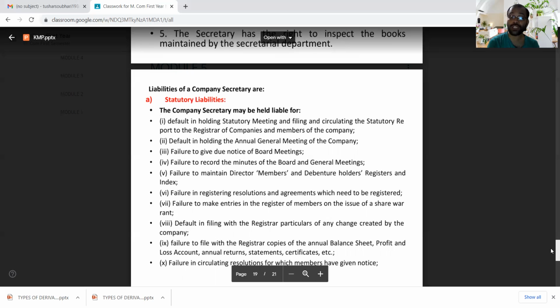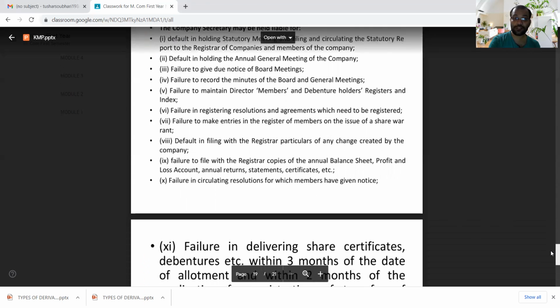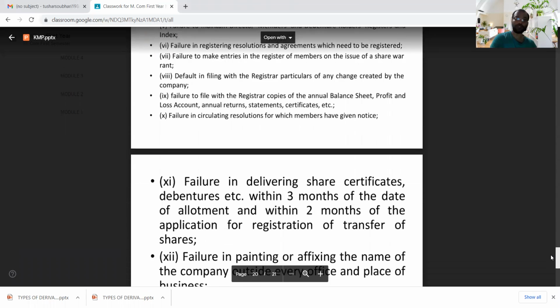failure to make entries in the register of members on the issue of share warrants; default in filing with the registrar particulars of any charge created by the company; failure to file with the registrar copies of the annual balance sheet, profit and loss account, annual return statements, certificates, and so on. And finally, failure in circulating the resolutions for which the members have been given notice.